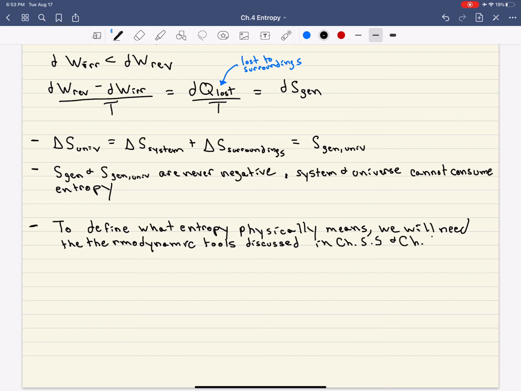So we'll leave that for later. But at least in chapter 4, we can learn how to apply the second law of thermodynamics to help us understand our chemical processes more deeply.